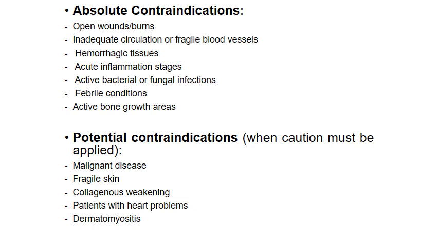So, looking at potential contraindications. This is when caution must be applied. Here, malignant disease like a cancer, like I explained to you in the previous slide. Fragile skin. If you have an old lady or gentleman, you need to take caution to not hurt their skin or cause bleeding under the skin.